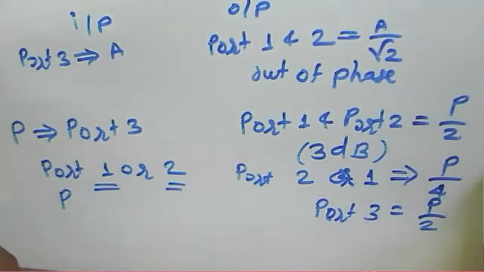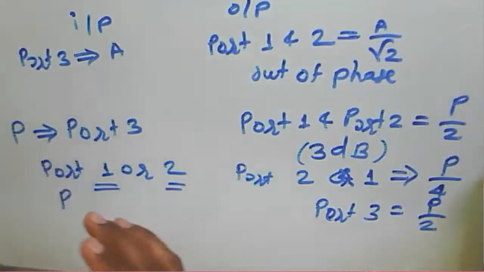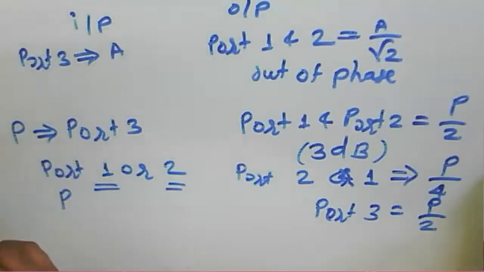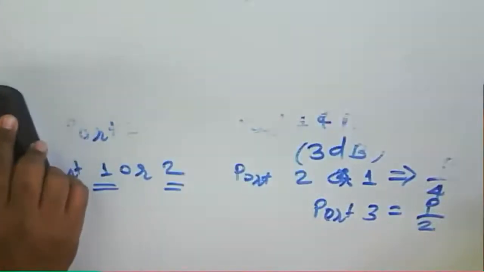So with this, we can describe the properties of the S matrix. Another application of this E plane T, besides being a power divider or power splitter, is that we can also use it as a power combiner.